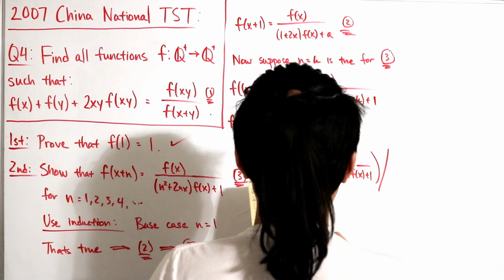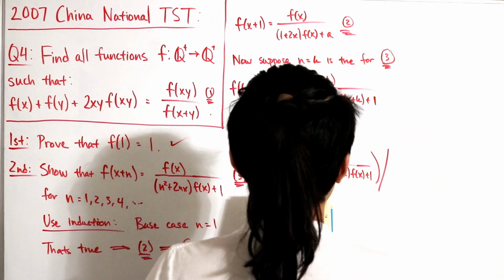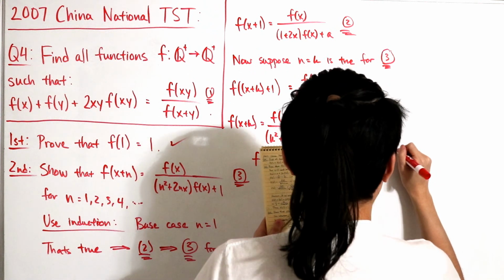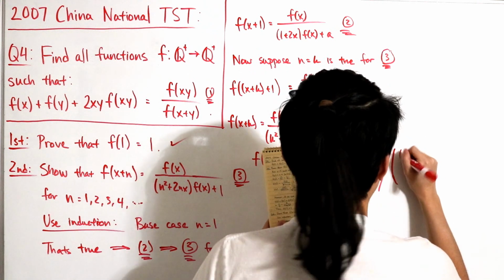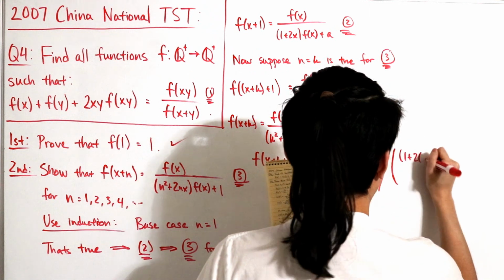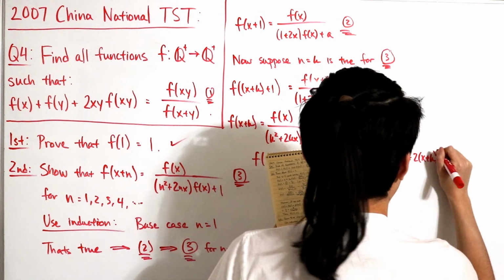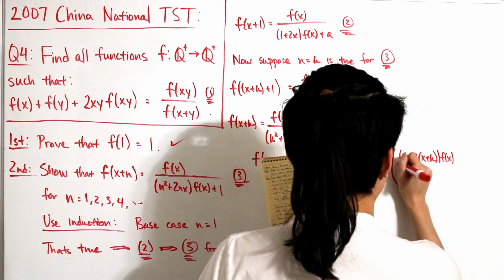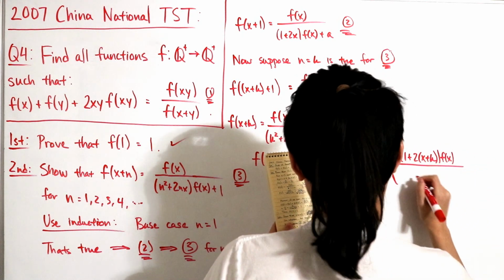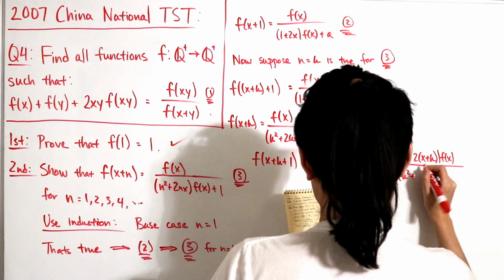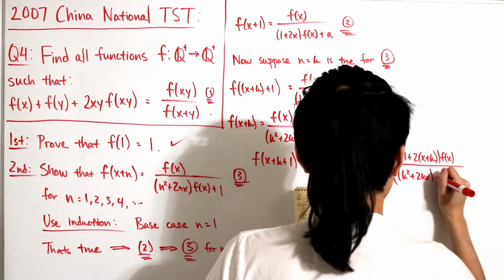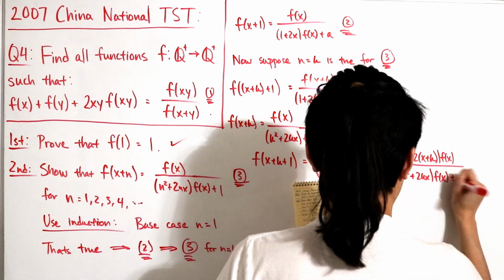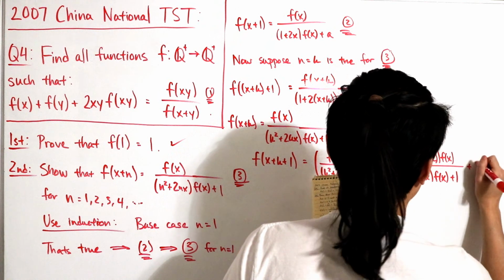From the top, the numerator, we would have 1 plus 2 times x plus k, then times f of x. Then we divide this over k squared plus 2kx times f of x, then plus 1. Then outside there'd be a plus 1 over here.